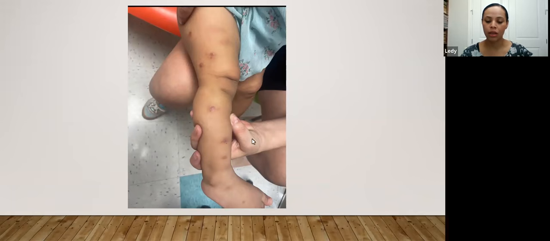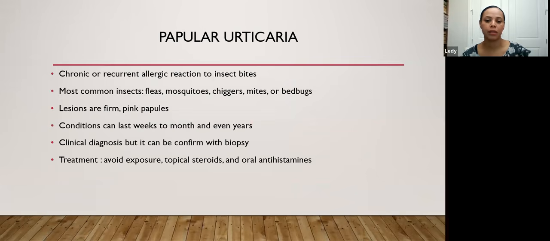So the number one thing you want to do with papular urticaria is try to figure out what is the trigger. If it's a mosquito, if it's a bed bug, what it could be. Second, you want to prevent this from happening. So if they're outdoors all the time, make sure that they wear long sleeves, mosquito repellent, they cover up, and that they don't become infected.